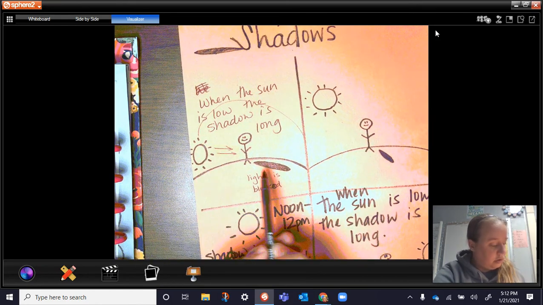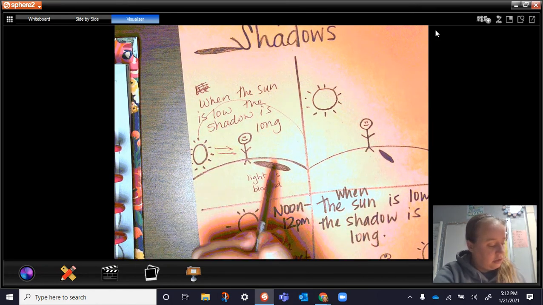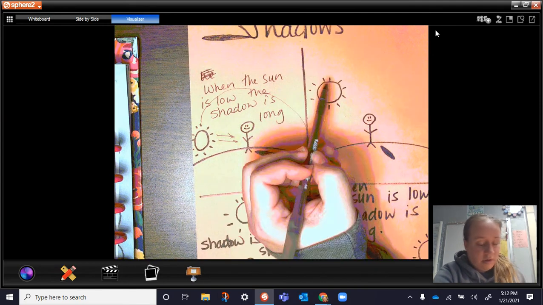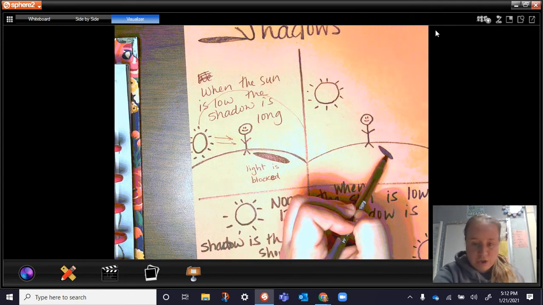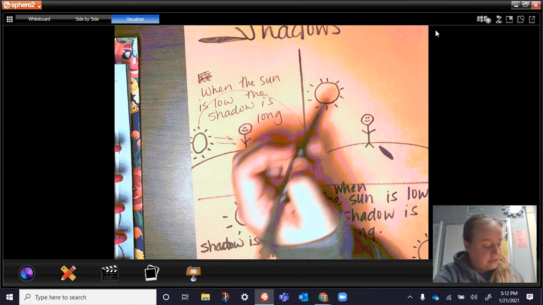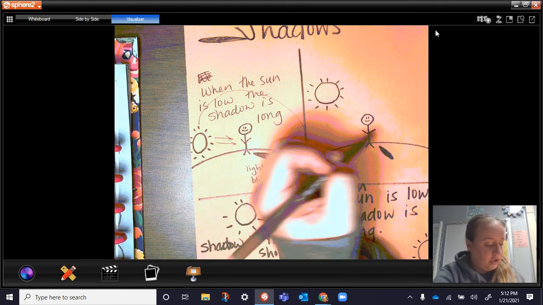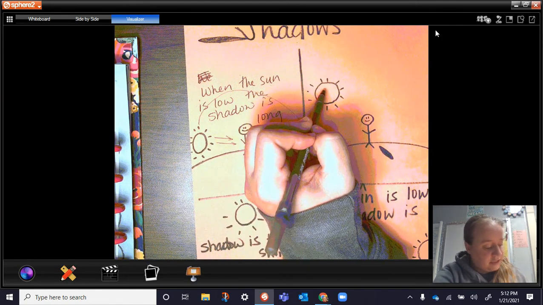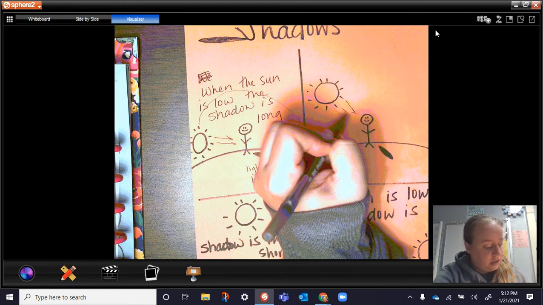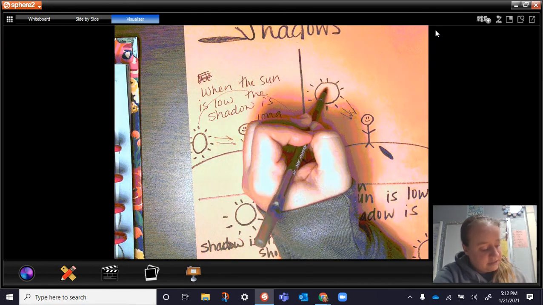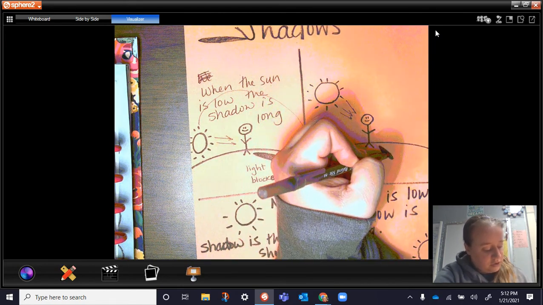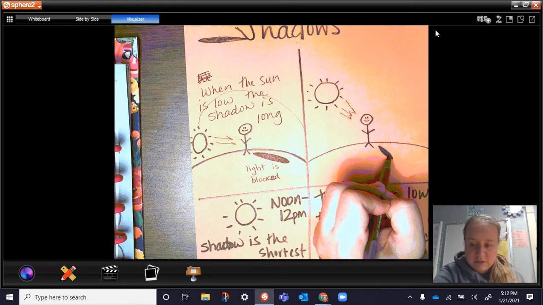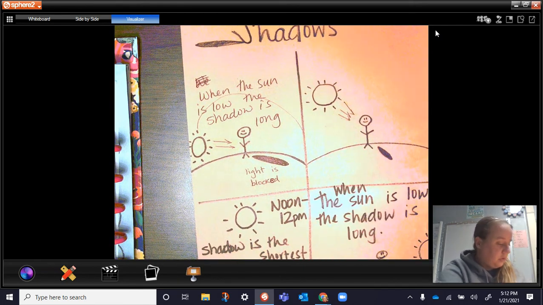Low sun, long shadow. Higher sun, shorter shadow. This all has to do with the angle at which the light is hitting you. When the sun is higher, it's not hitting as much of your body, so not as much is blocked, and you get a shorter shadow.